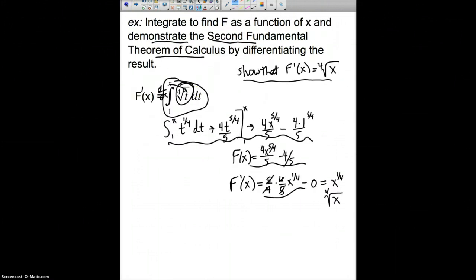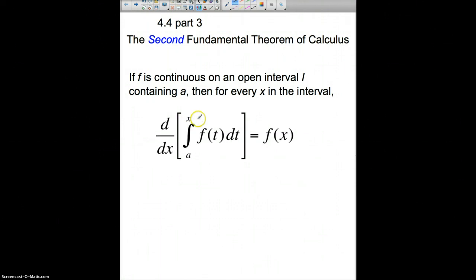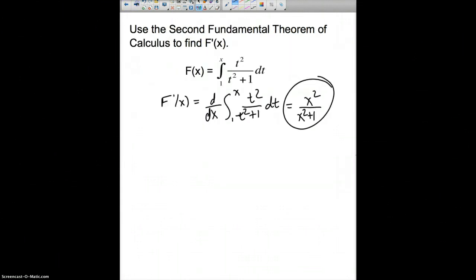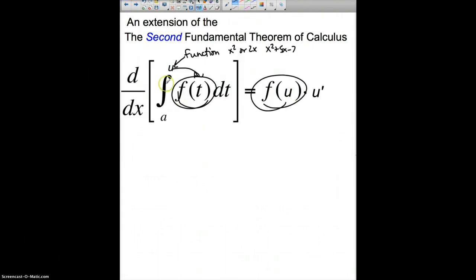Well, you plug that x in, and then you multiply times the derivative of x. What's the derivative of x? That's just 1, right? So really you're just multiplying by 1. So that's why we didn't bring it up then. But this is actually still the second fundamental theorem of calculus, just with a more complicated upper bound.